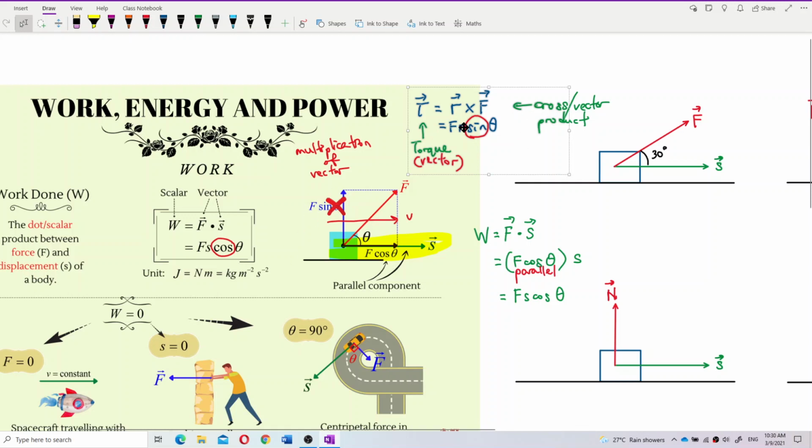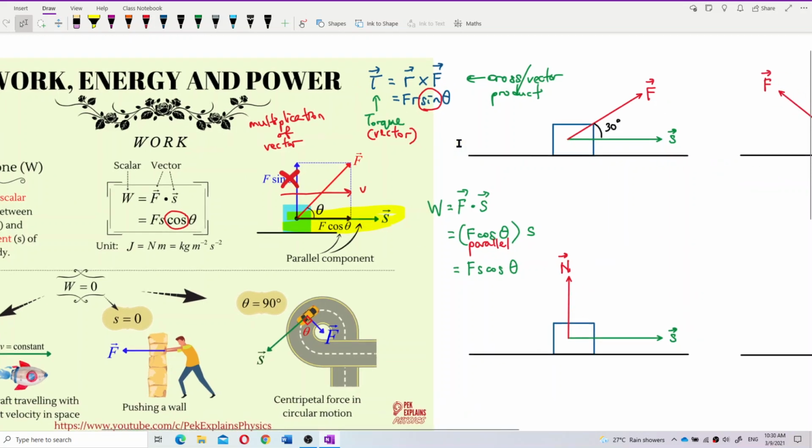That is the other way around. But for dot product, we always use the parallel component to multiply. About the torque, I will explain this in later chapters.